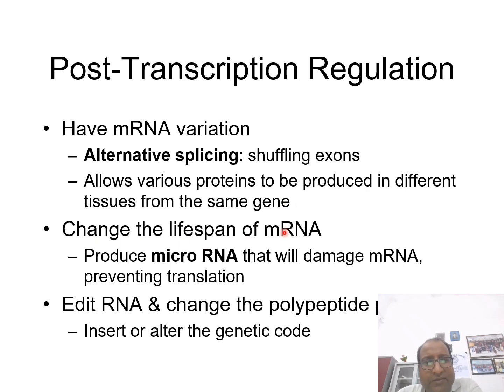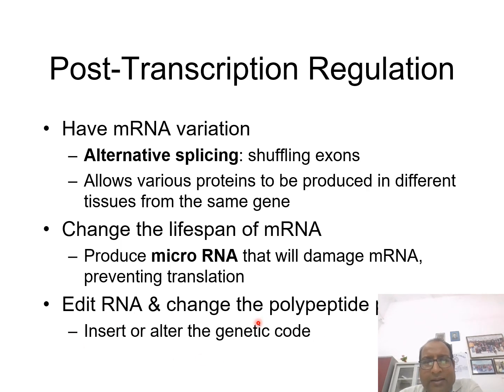And whether the mRNA life will be long or short. MicroRNAs are produced in the nucleus and they bind to the nascent mRNA and degrade it, or prevent it from being translated. Then we have guide RNA.